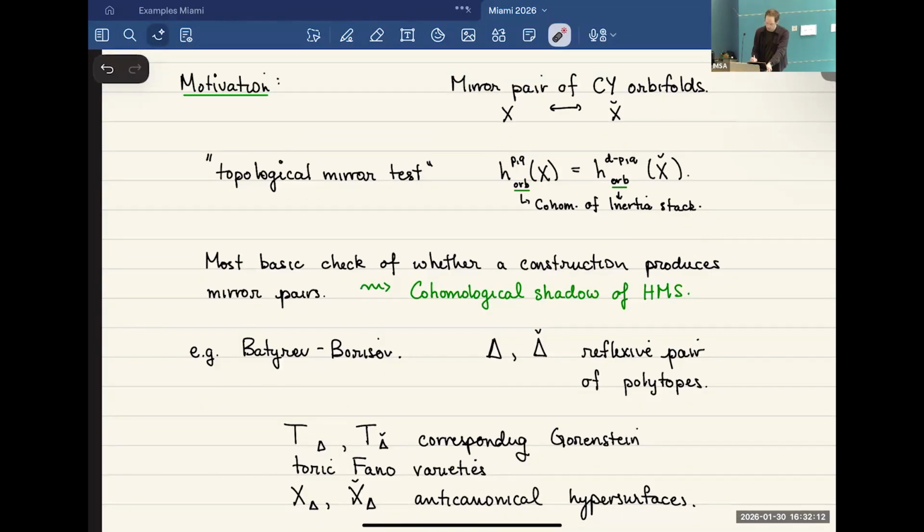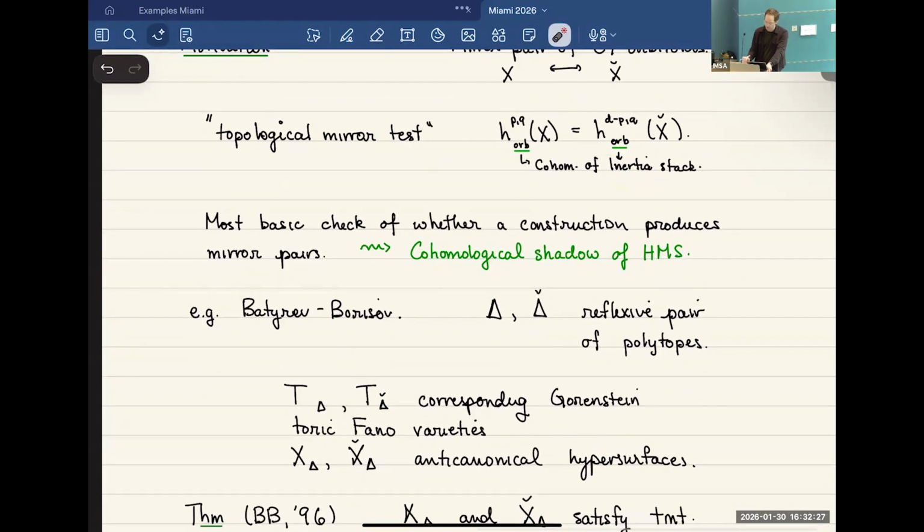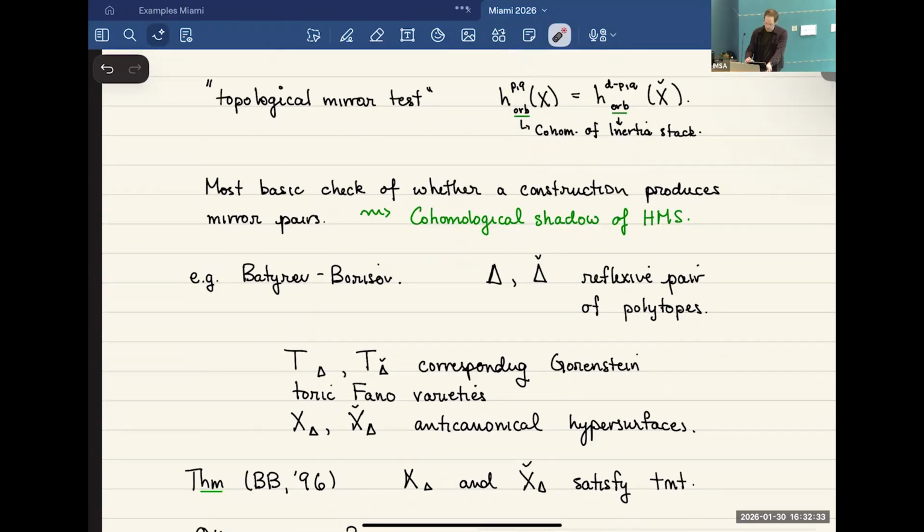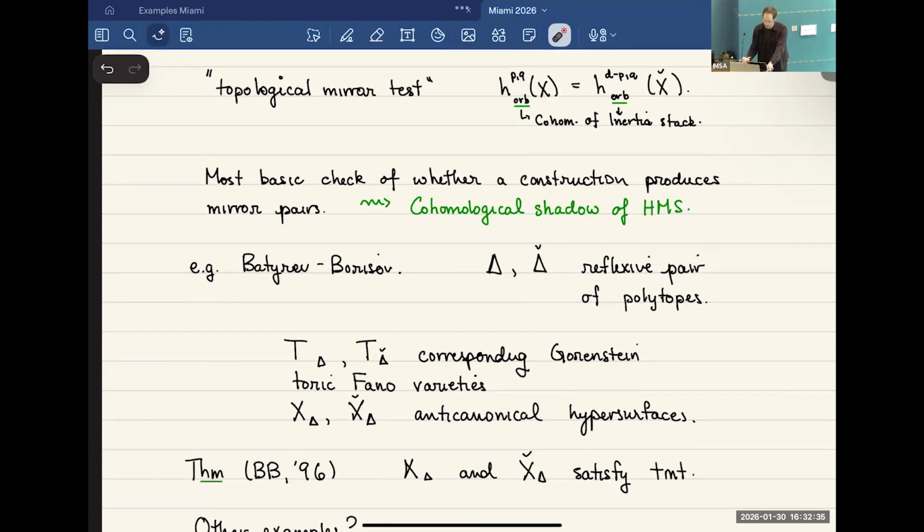These are Gorenstein toric Fano varieties. They always admit a crepant orbifold resolution, though not necessarily a crepant resolution themselves. If you take anti-canonical hypersurfaces inside these toric varieties, they satisfy this mirror relation. This was proved by Batyrev and Borisov back in 1996.